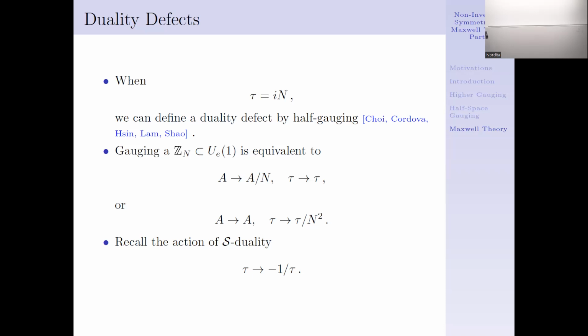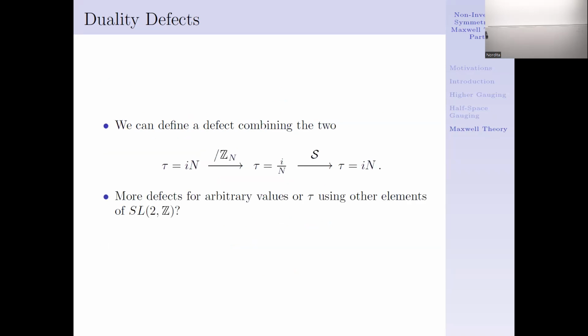So let me review the argument. First, we observe that if we gauge a Zn subgroup of the electric one-form symmetry, this is equivalent to rescaling the gauge field by 1 over n, or equivalently rescaling tau by 1 over n squared. Let's also recall how S-duality acts, which sends tau to minus 1 over tau.